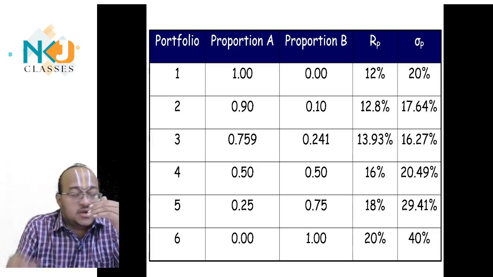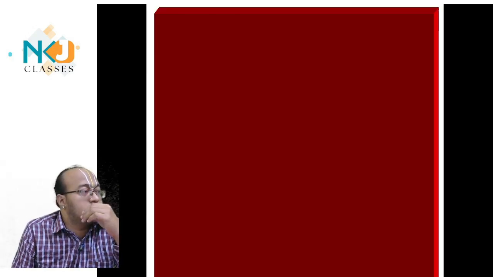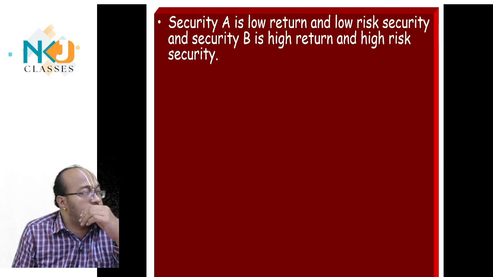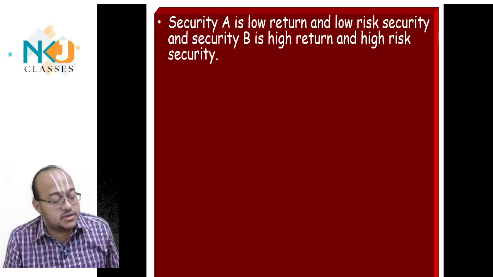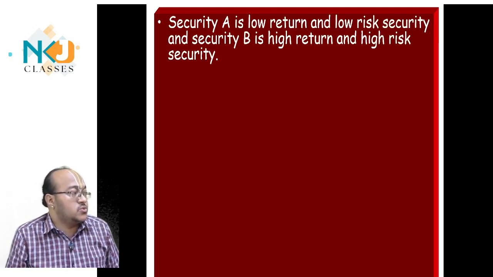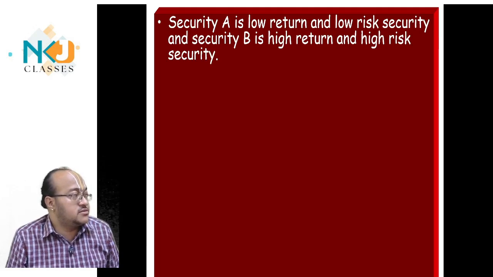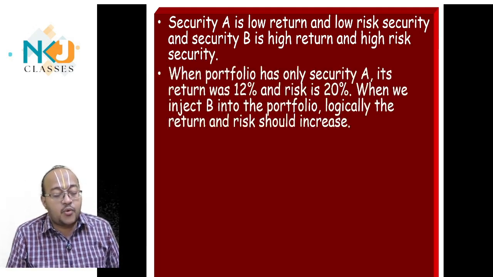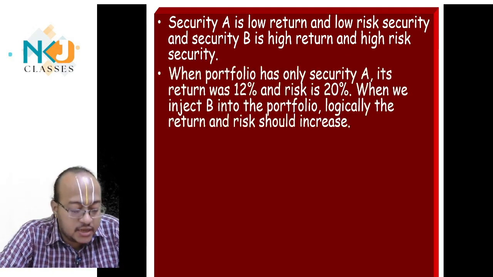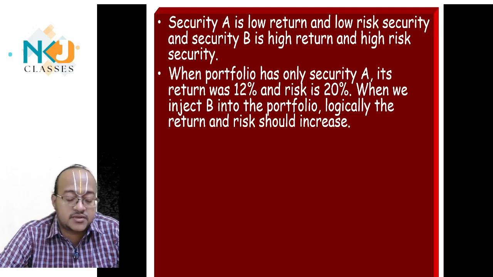Yes, sir. Now see, the beauty of this discussion is, when I plot the graph, you will understand how profound it is. See here, security A is a low return, low risk security, and security B is a high return, high risk security. When the portfolio has only security A, its return was 12% and risk is 20%.